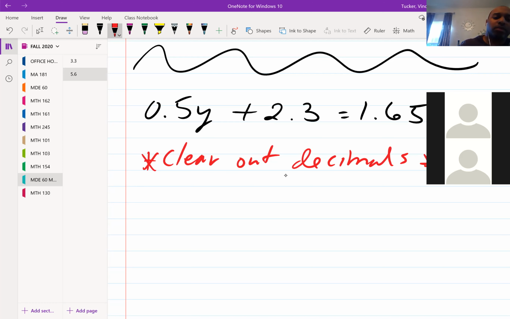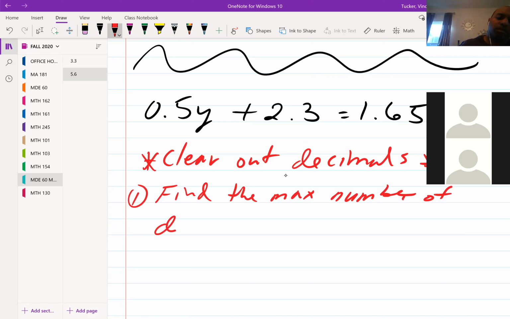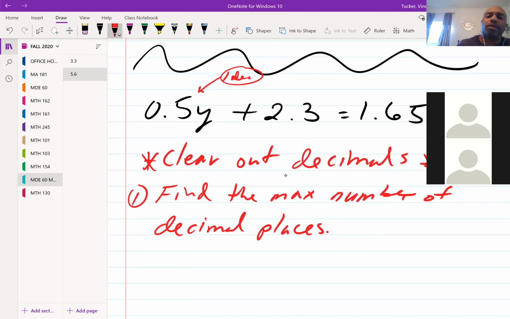First, we want to find the maximum number of decimal places. What I mean by that is, when you look here, you have one decimal place, the tenths place. Here you have one decimal place, but here you have two decimal places. So in this case, it would be two decimal places.